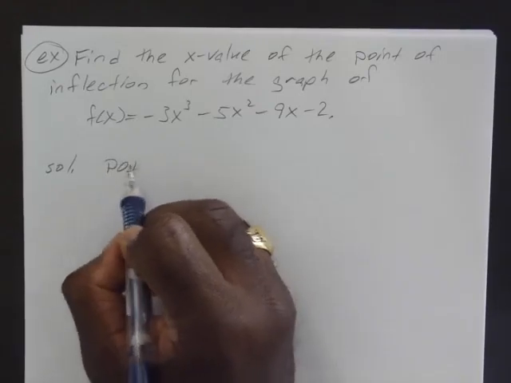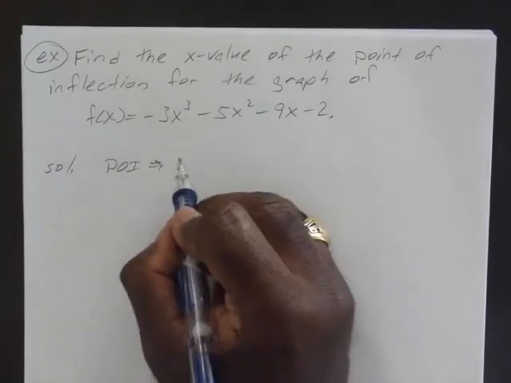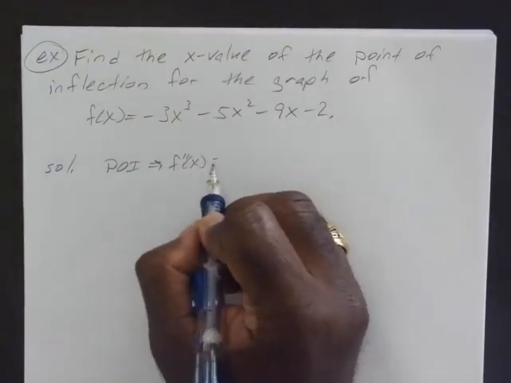Okay, so we know that the point of inflection is just where the second derivative is equal to 0.